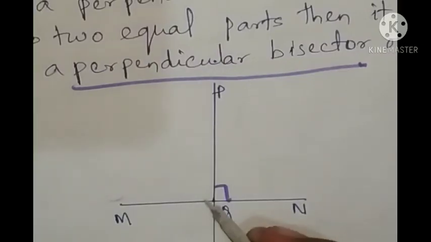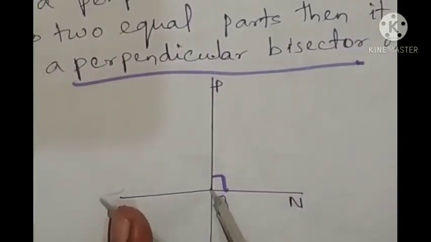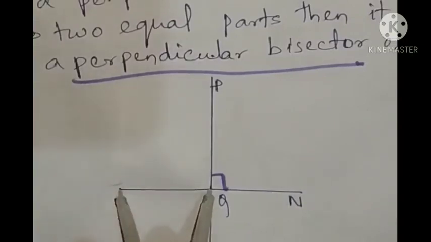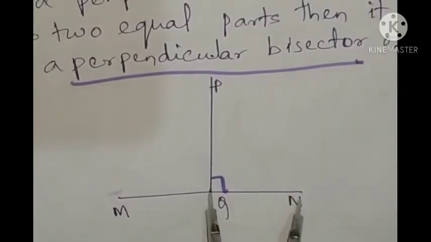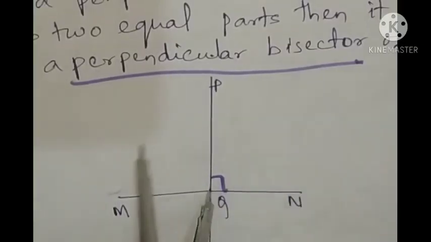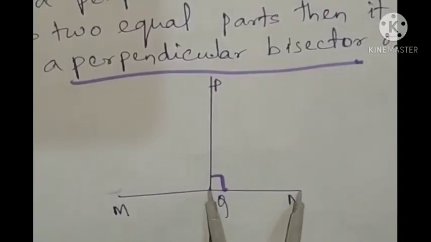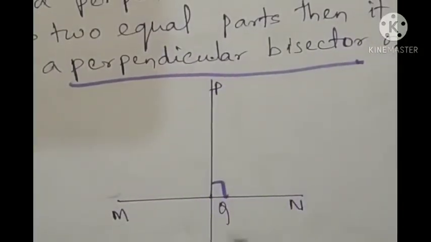Let's see here. First I'll measure this one with a divider. Look, this much distance. I'll see here whether this is this much distance or not. Look, this fits. I have not changed it. When you touch it, this distance is similar to this distance. Means this perpendicular PQ is equally dividing MN into MQ and QN.